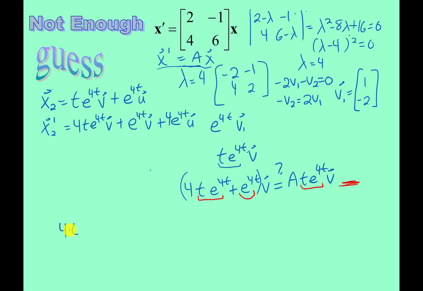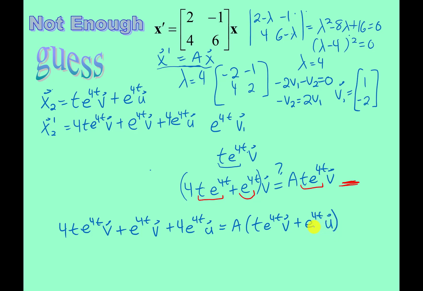So I'm going to have 4t e to the 4t eigenvector plus e to the 4t eigenvector plus some 4e to the 4t with some other vector so that it will solve it, and we need to know when that equals A times our solution, t e to the 4t eigenvector plus e to the 4t times some other vector that we're trying to find.